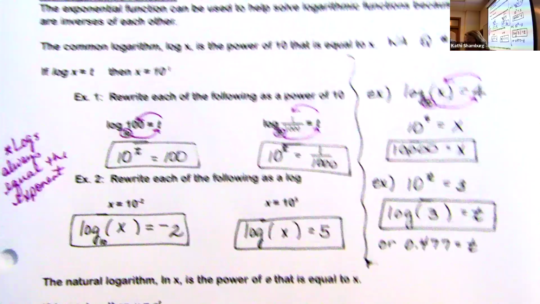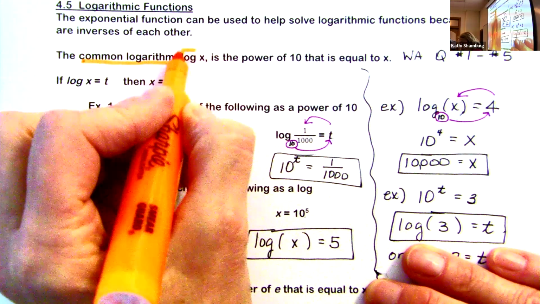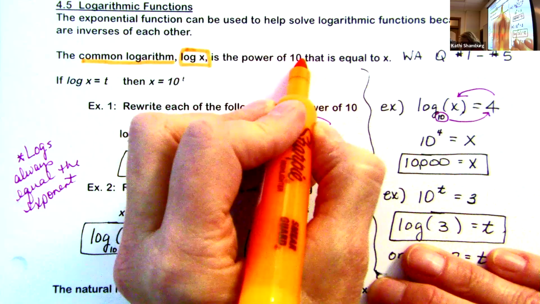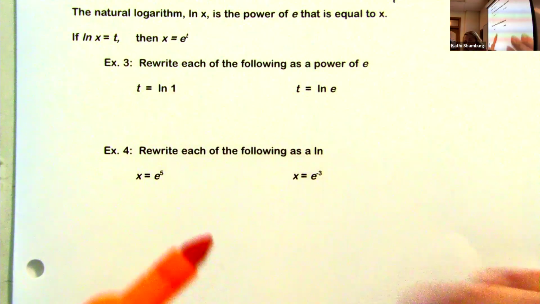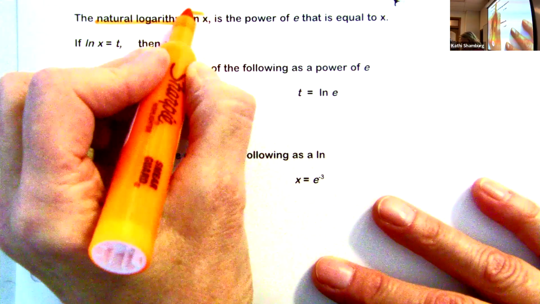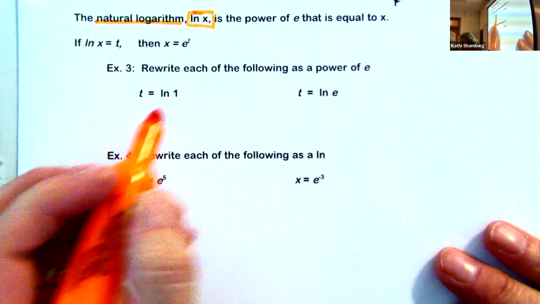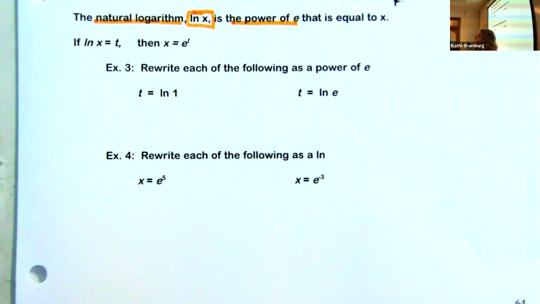All right. So what we've just been doing is working with what is called a common log, which is log of x, and it is always the power of 10, basically saying base 10. That's what we call the common log. Now what we're going to look at is what is called the natural log, and LN represents natural log. Well, it's not power of 10, it is power of E. You all know pi, 3.14 and so on.